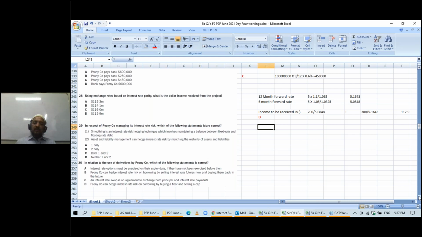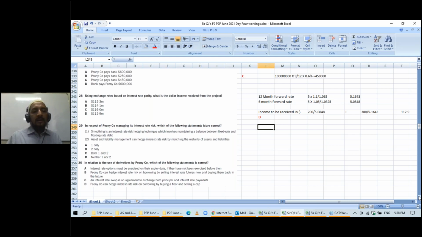Smoothing is an interest rate risk hedging technique which involves managing a balance between fixed rate and floating rate debt. Yes, it's correct. By borrowing some amount at fixed rate and floating rate, you can smooth the interest. You can reduce the fluctuations.